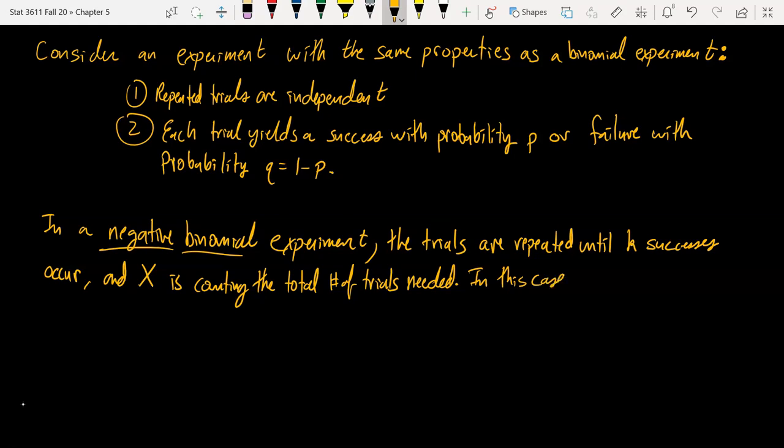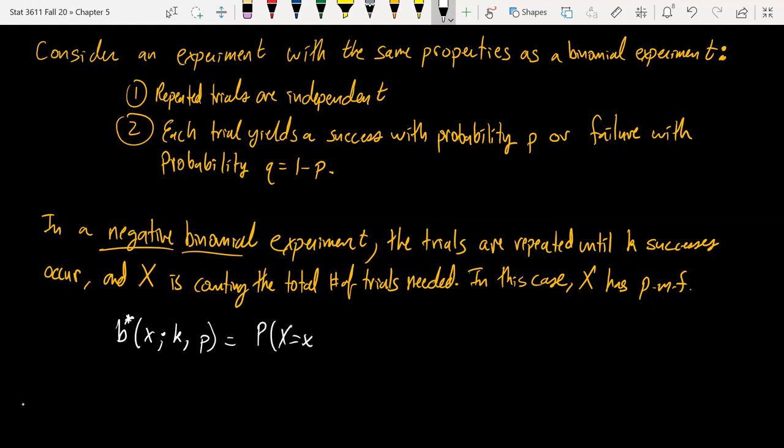In this case, let's take a look at the PDF that x is going to have. X has probability mass function, B star is the notation. X counts the number of trials to get k successes with a fixed success probability of p.